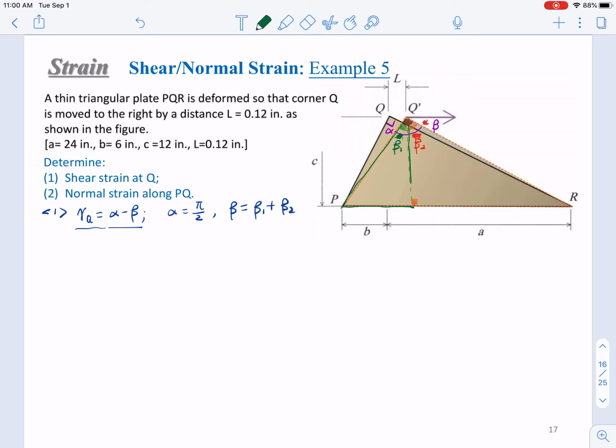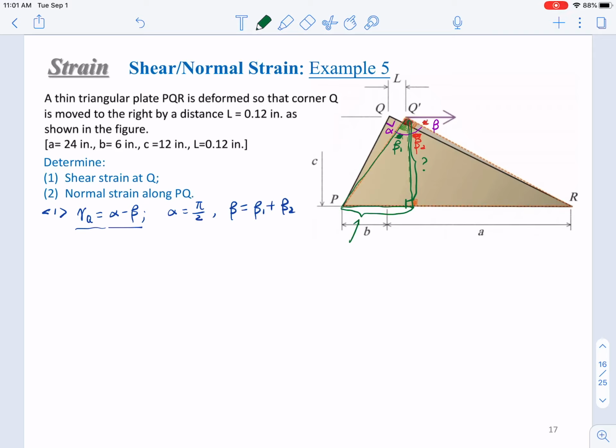So this is pi over 2 here. We just need to find the lengths of the sides.